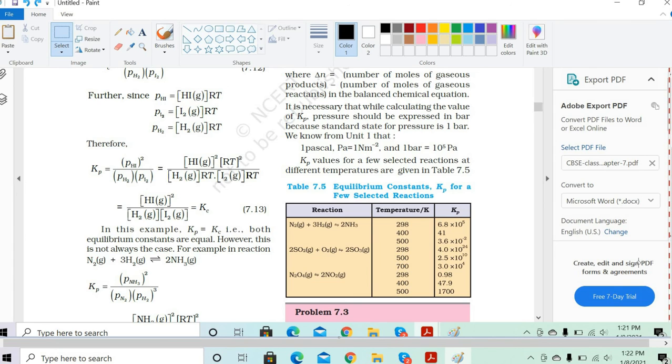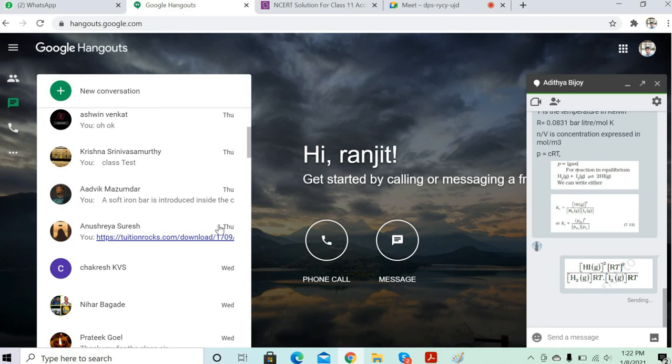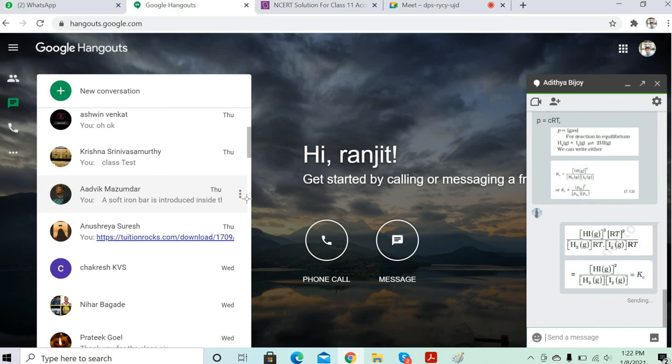So what we get here is basically, now we represent the Kp in terms of the Kc. So now we finally got Kp equal to Kc only. This entire RT gets cancelled everywhere. Finally it became equal to Kc only.